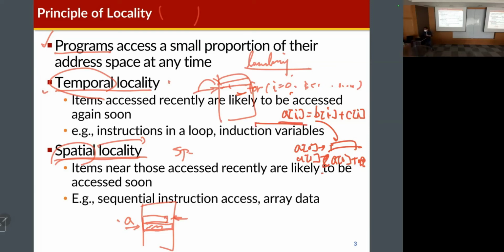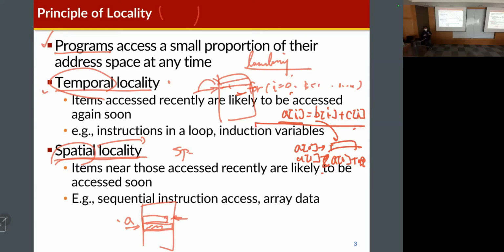If we see this code, we already know that firstly a[0] is accessed, and then a[1] is accessed, a[2] is accessed. So when a[0] is accessed, in the near future we can expect that a[1] will be accessed.